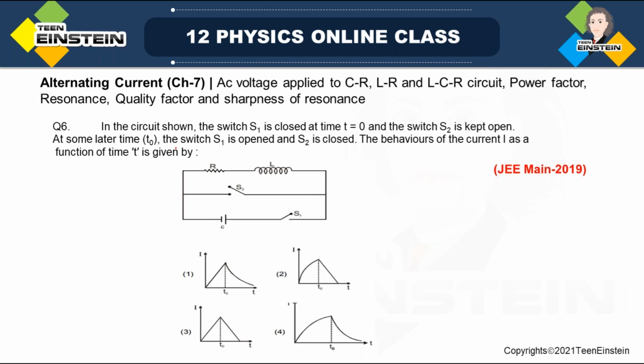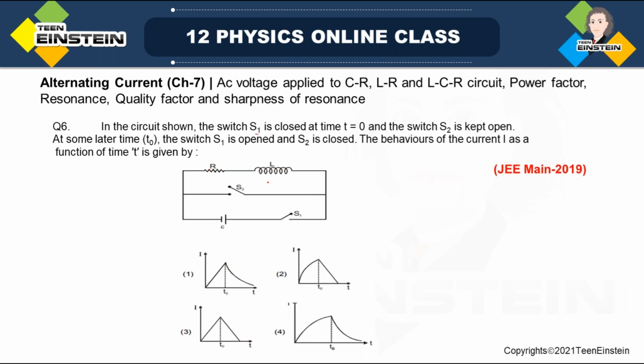So this problem here, you can see in the circuit shown, the switch S1 is closed. S1 is connecting the battery. This is a DC battery with R and L. When you close this, current will flow, and power will be dissipated through this R alone.